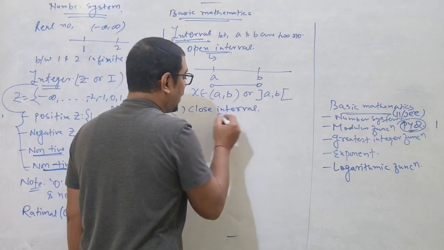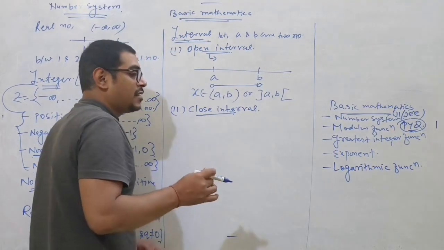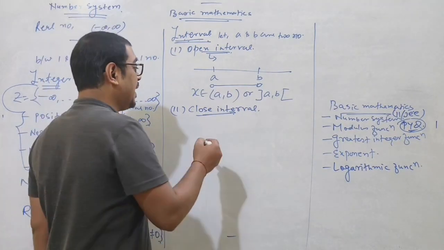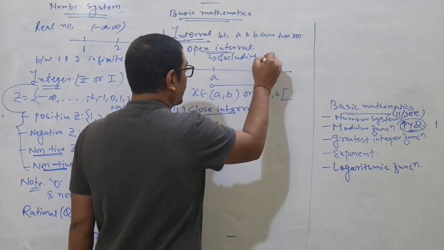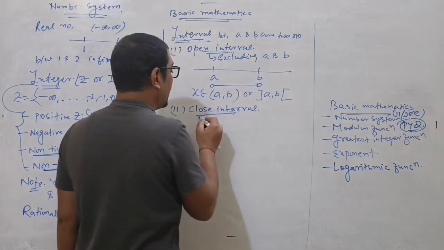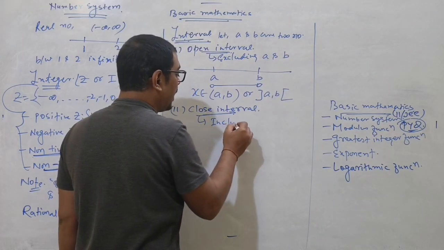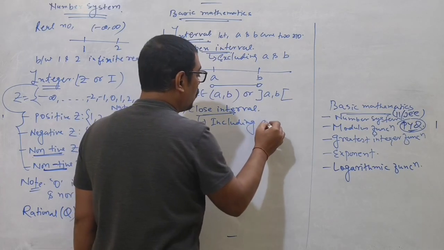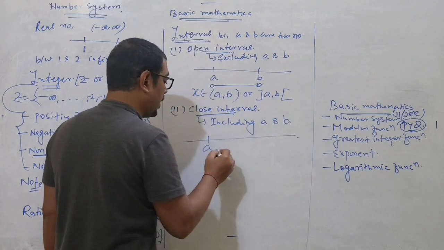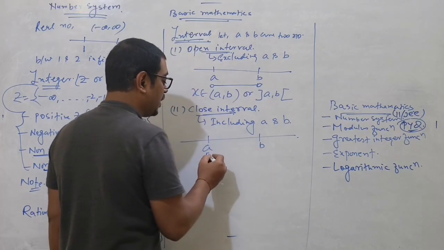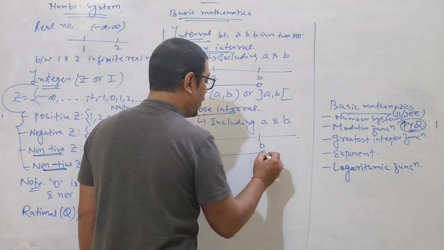Now my dear students, can you guess what a closed interval is? That is including a and b. Here, in the open interval, excluding a and b, but here including a and b.